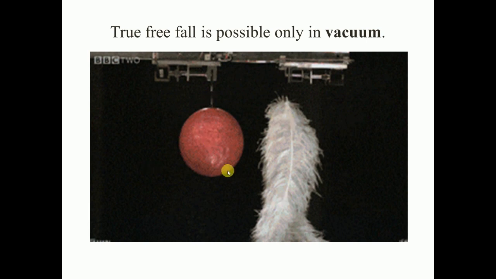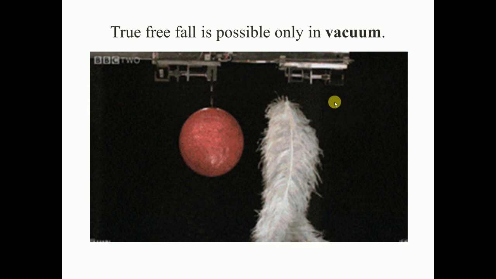This is a sphere and this is a feather. The feather is light and the sphere is heavy in weight. So we have two objects: first a sphere, second a feather. Both are attached at a particular height, and this space is a vacuum, so there is no air, right?